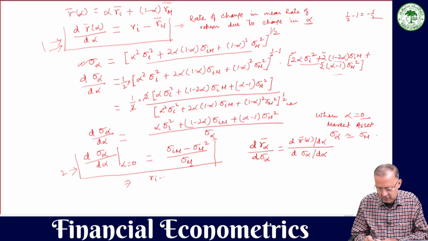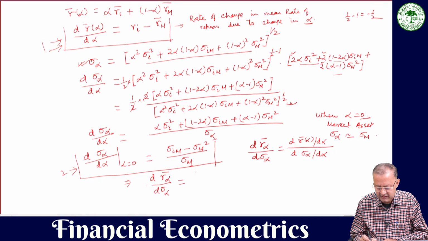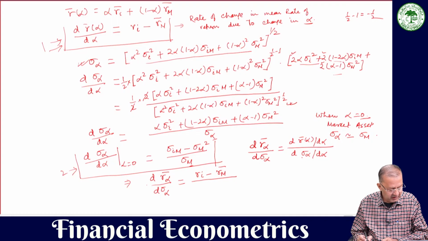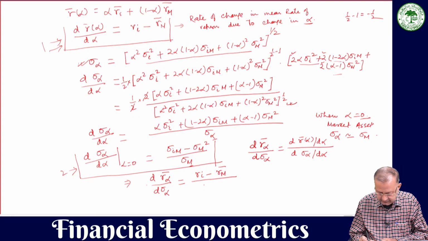So dr alpha upon d sigma alpha can be written as Ri bar minus Rm bar divided by sigma im minus sigma m square by sigma m.